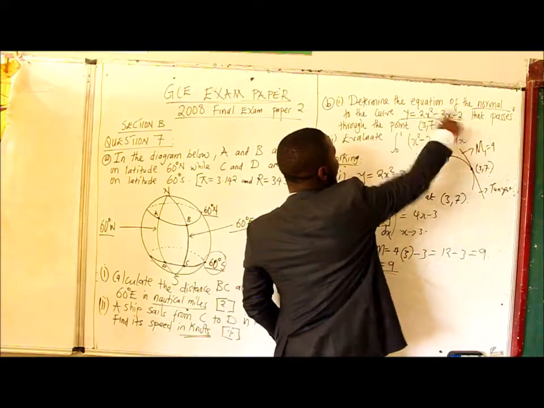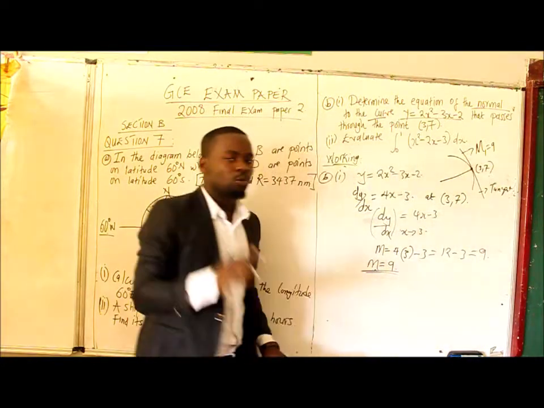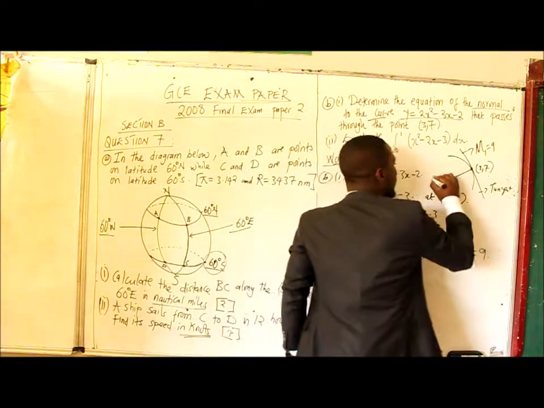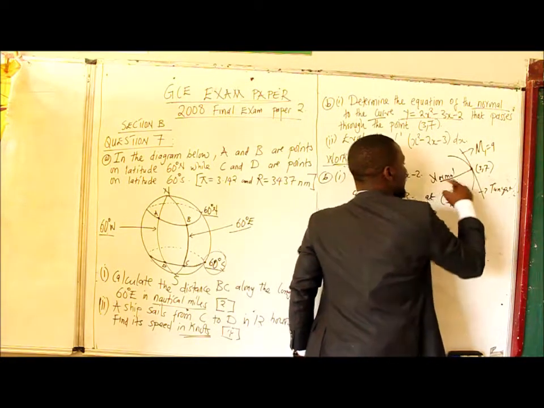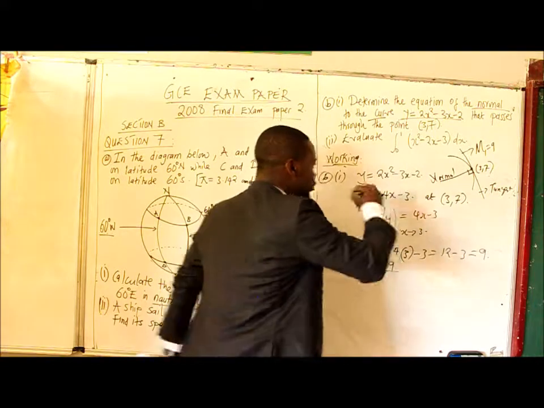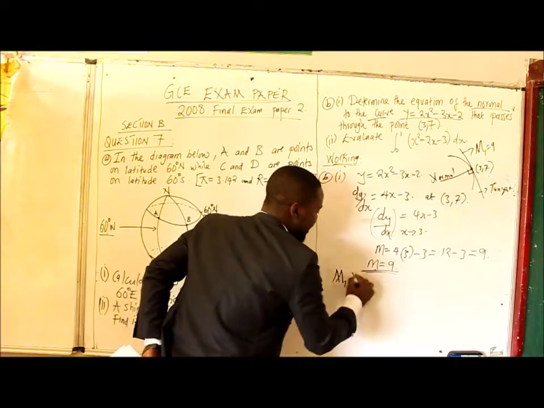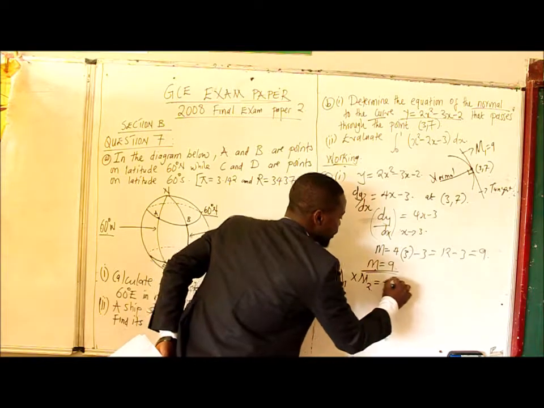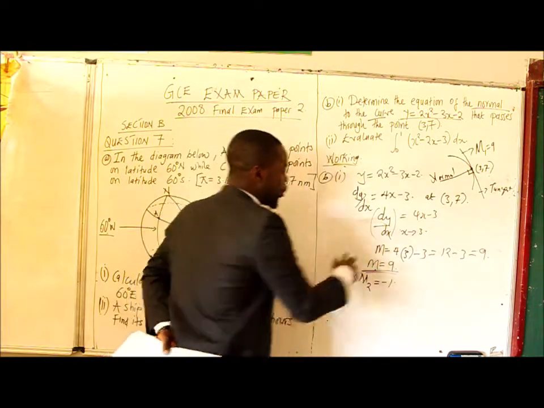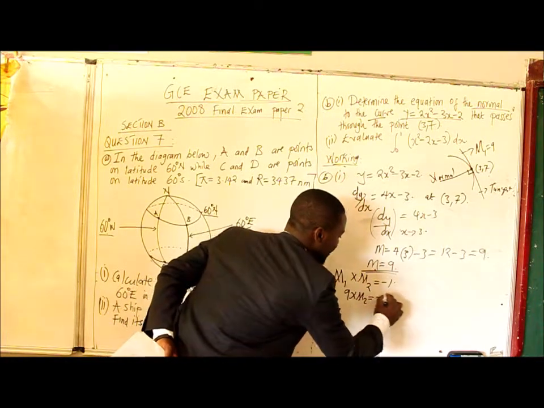The normal they are talking about is this line. The normal and the tangent meet at 90 degrees. And we know that the gradient of the tangent times the gradient of the normal should give you negative 1. The gradient of the tangent is 9, so 9 times m2 is equal to negative 1.